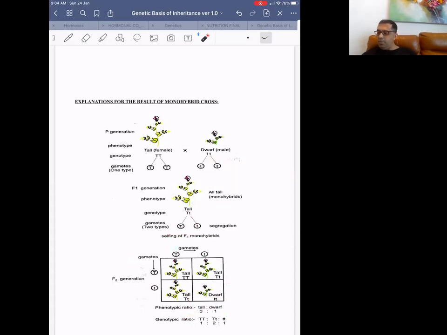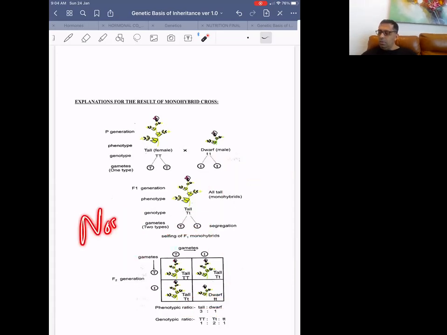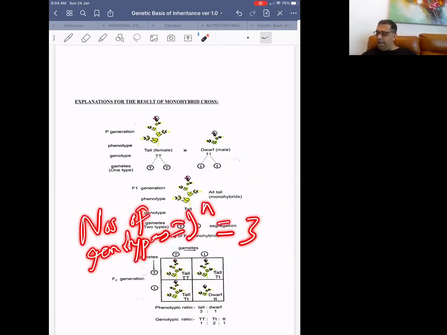Number of genotypes is 3 raised to n, where n is 1, so you get 3 types of genotypes: capital T capital T, capital T small t, and small t small t.